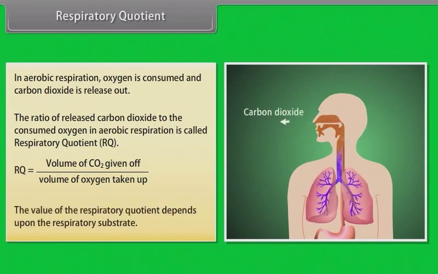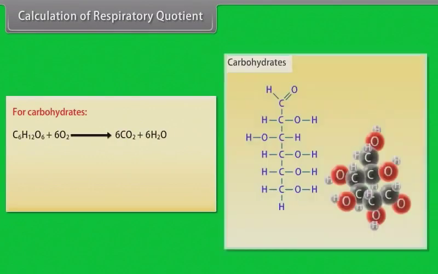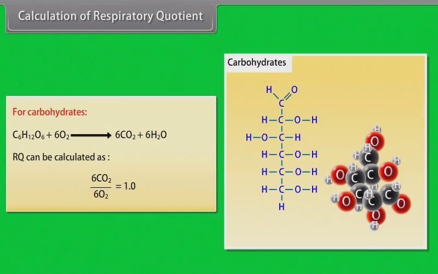The value of the respiratory quotient depends upon the respiratory substrate. Calculation of respiratory quotient. For carbohydrates, C6H12O6 + 6O2 gives 6 CO2 + 6 H2O. Respiratory quotient can be calculated as 6 CO2 by 6 O2, which is equal to 1.